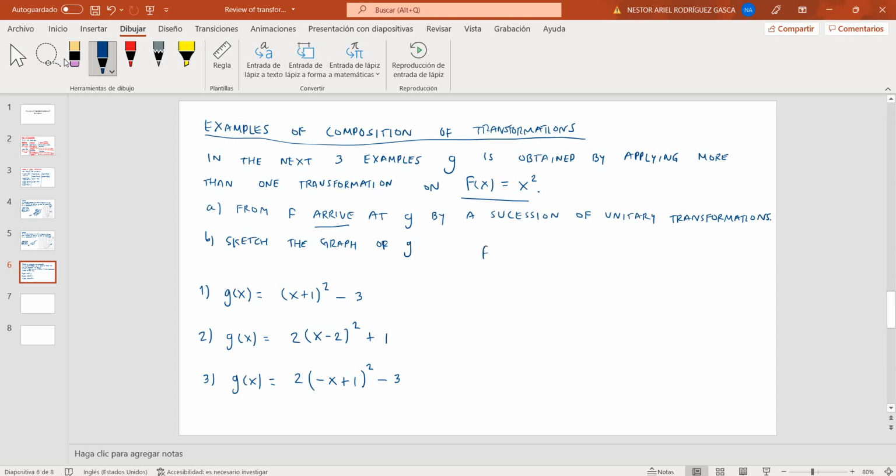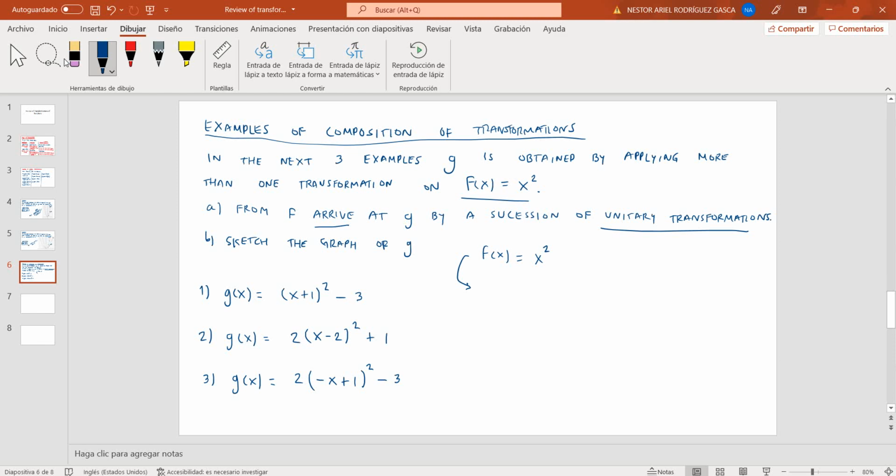Okay, so let me write f. I need to put f like so, and then I'm going to successively, by the application of unitary transformations, get to g. Okay, so first, let's do the first one. Let's apply a horizontal translation of 1 unit to the left, which is supposed to be this, right?